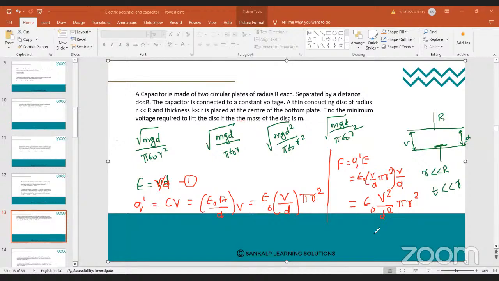So as you are lifting that disk, it means F value is much greater than mass m into g.